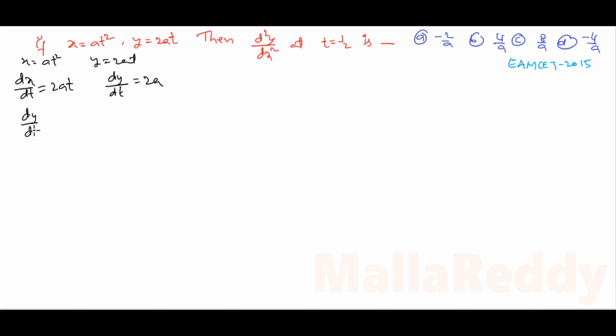Now dy by dx is equal to dy by dt by dx by dt. So the dy by dt value is 2a by 2at. 2a cancelled, that is equal to 1 by t.